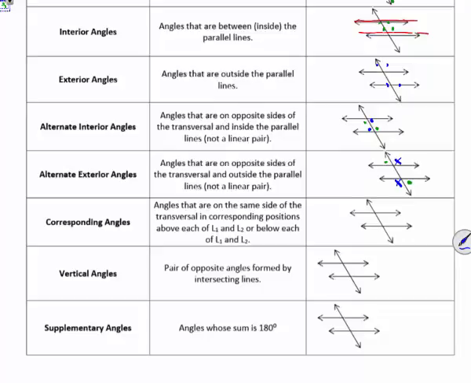All right, corresponding angles. These are angles that are on the same side of the transversal in corresponding positions. Corresponding positions mean same position. So here we have, and I'm going to end up using all four of my colors here. If I have this one, what we're basically doing is we're going to translate down the transversal until we get to the next spot.